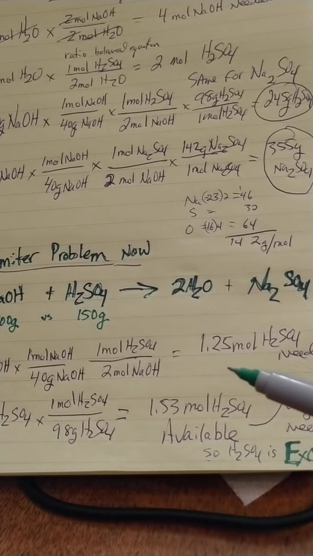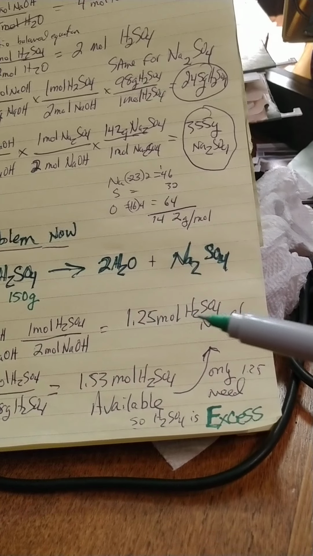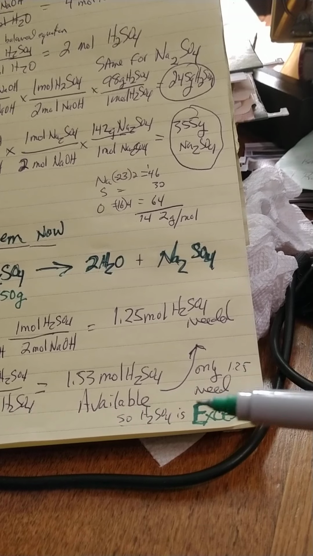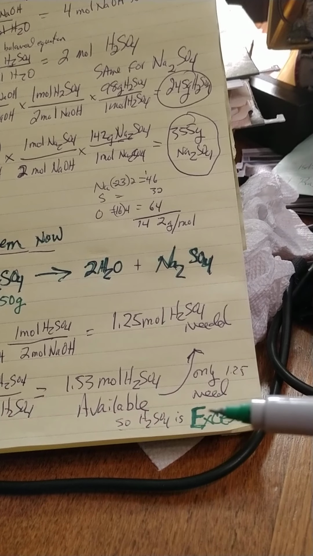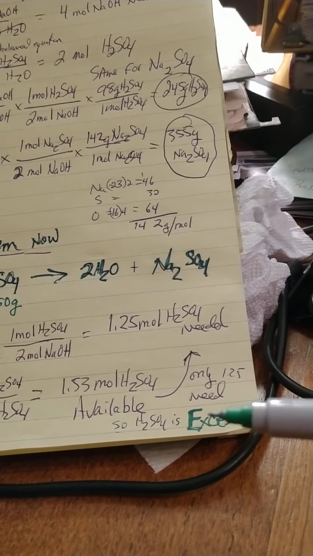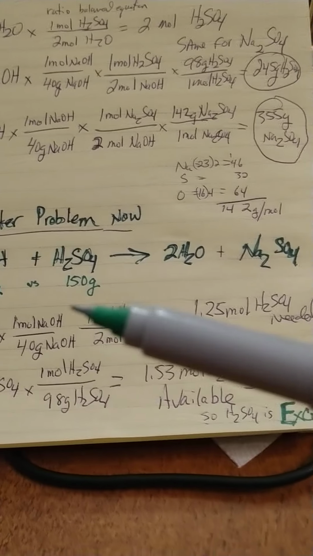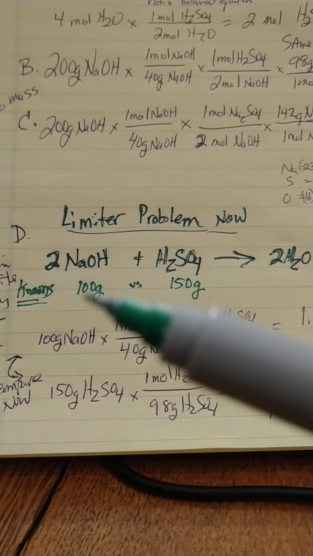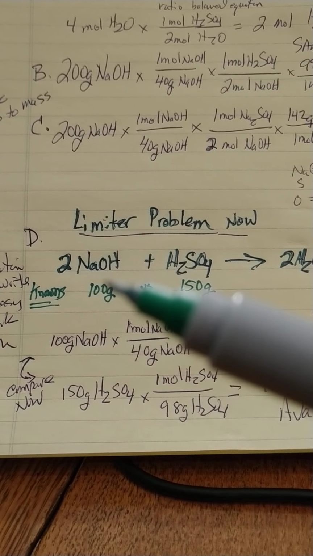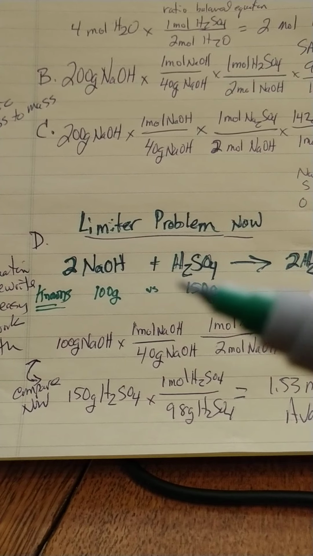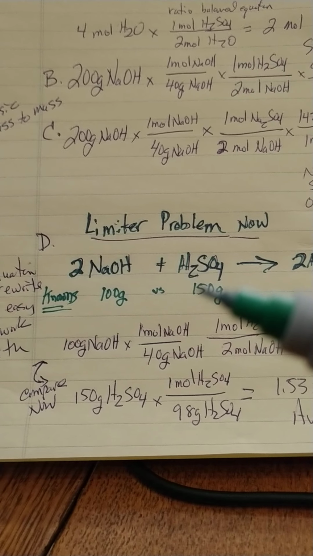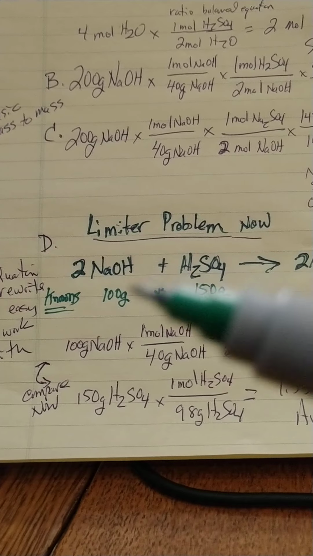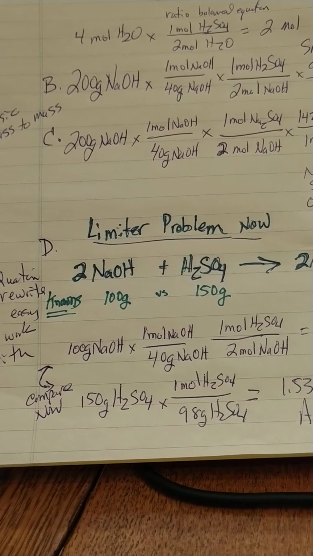You only need 1.25 moles, so therefore the sulfuric acid is the one that you've got plenty of. Therefore it's the excess one. That means by default the limiter is going to be the 100 grams of sodium hydroxide, because you've got more than enough sulfuric acid to completely consume 100 grams.